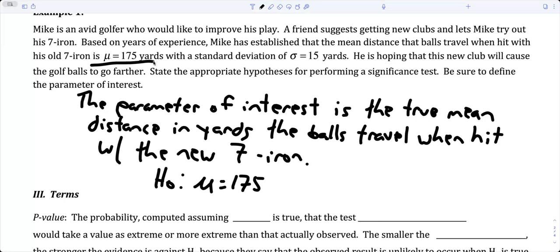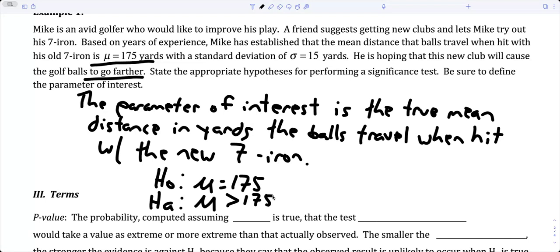So mu equals 175 is my null hypothesis. For the alternative, you need to look in the context of the problem. Mike thinks that the new club will cause the balls to go farther. Therefore, my alternative would be mu is greater than 175. And it is a one-sided test.